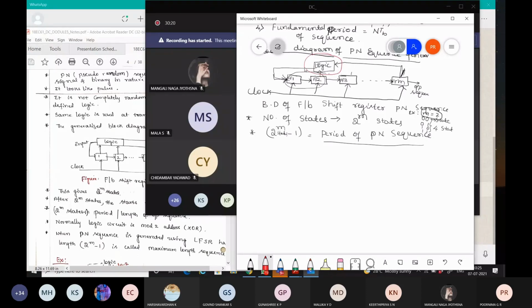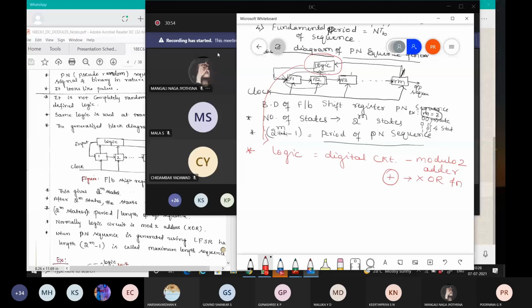Whenever that logic is considered for a PN sequence, that logic circuit is a digital circuit, and this digital circuit always acts as a modulo 2 adder, which is nothing but an XOR operator, XOR function.